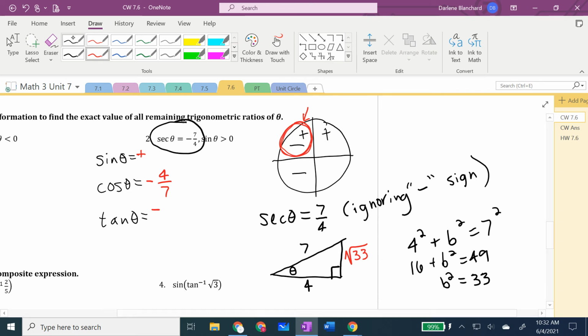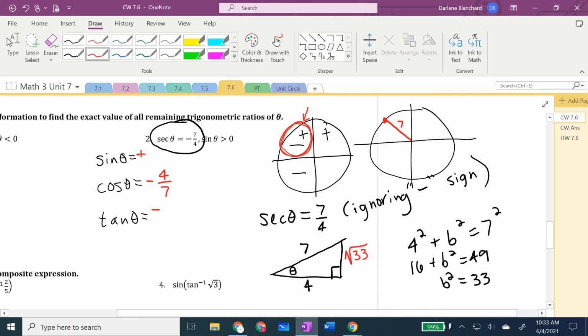Now, if I had done a reference triangle, then as I draw my unit circle, or actually it's no longer a unit circle in this case because I've got a radius of 7, I draw my circle, and once I realize that I am dealing with a positive sine and a negative cosine, I draw some radius line in quadrant 2.